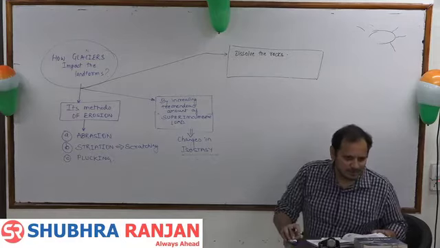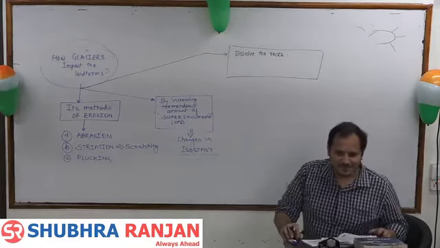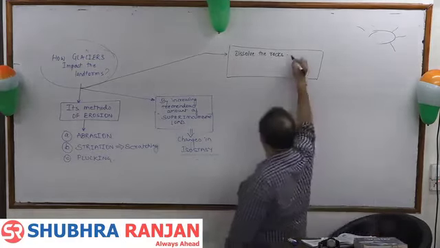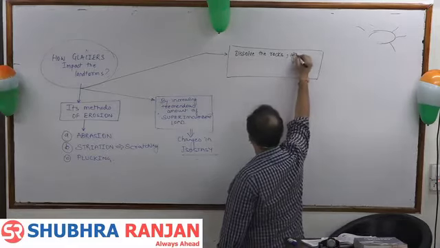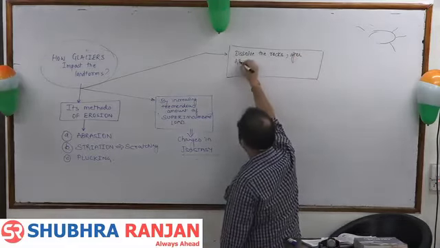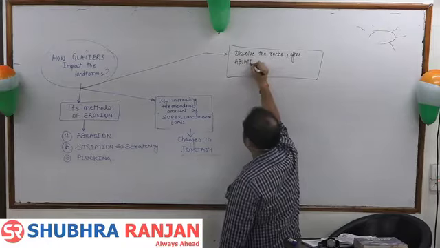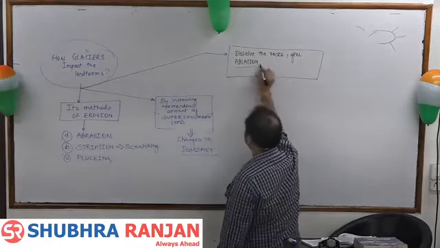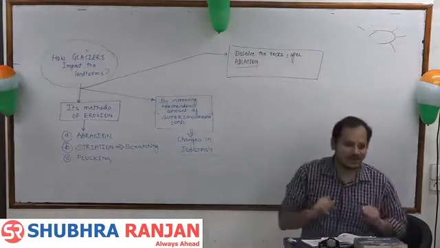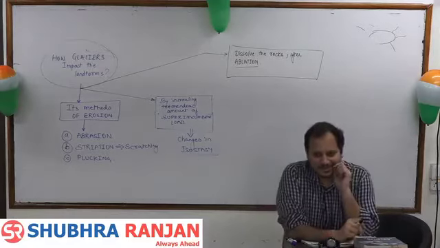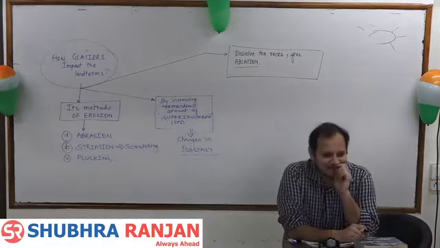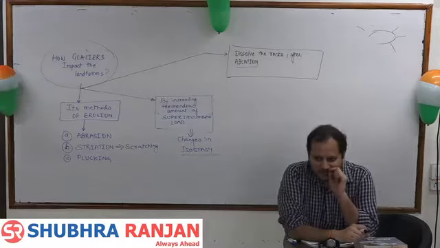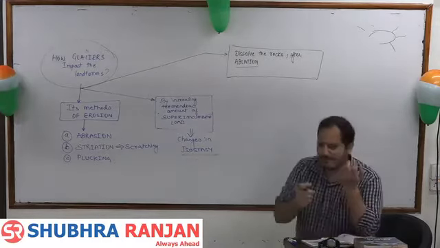Can they dissolve the rocks like water? Ablation is the technical word for melting of the glaciers. So now tell me the answer. Can they dissolve the rocks like water? Yes, yes.